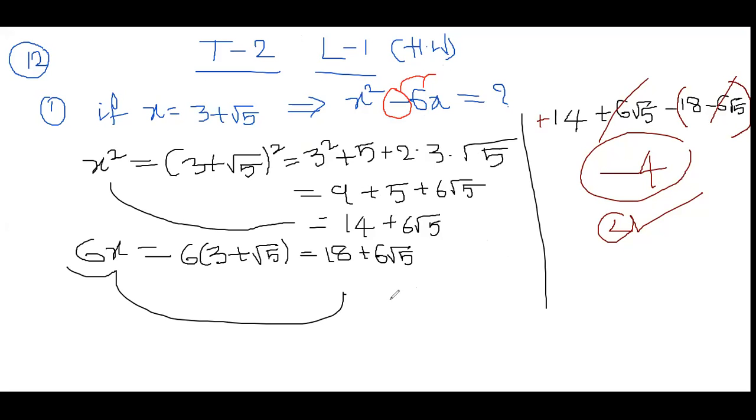Here, see, Anna, here the x square value is how much? Here the x square value is 14 plus 6 root 5, minus of 18 plus 6 root 5.